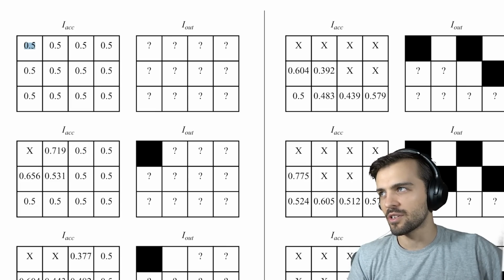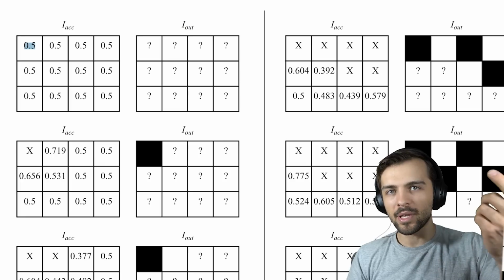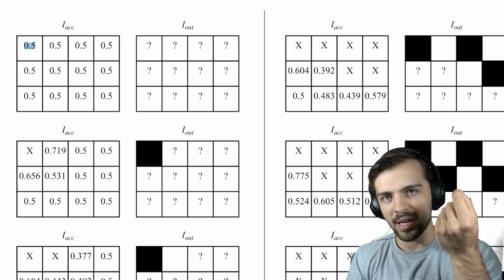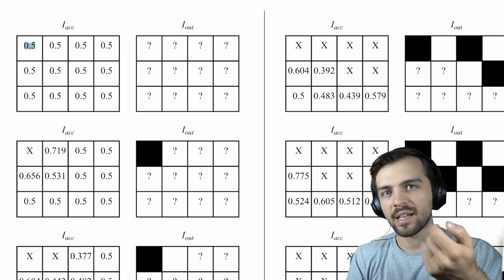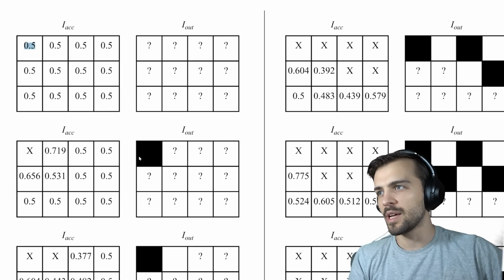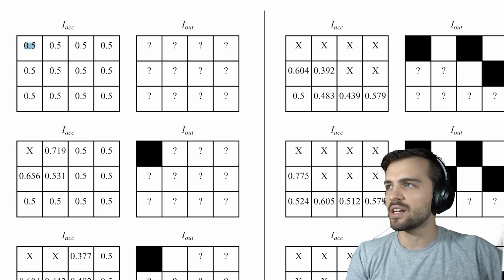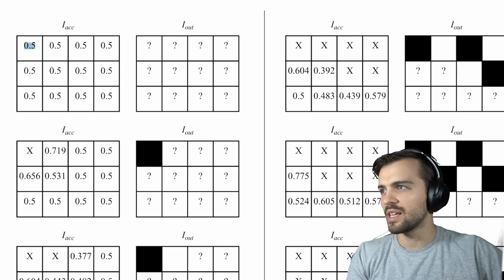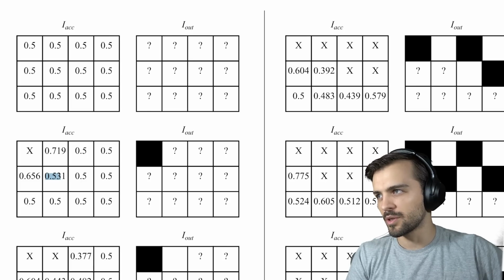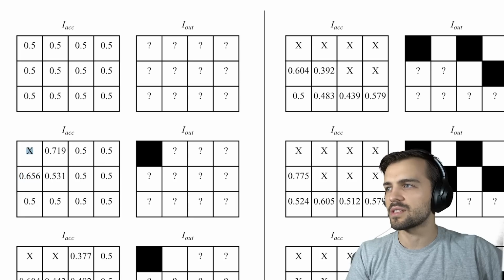So I've rounded it down to 0. When I round it down to 0, that pixel is going to be a little bit darker than it otherwise would have been. It's supposed to be gray, but we've made it black. And so the way to adjust for that is you adjust these values in the original image so that they become a little bit brighter, because we've lost brightness in this pixel. So we're going to increase the brightness of the surrounding pixels. And so this has sort of been done.